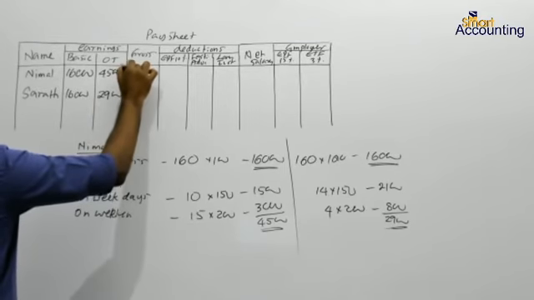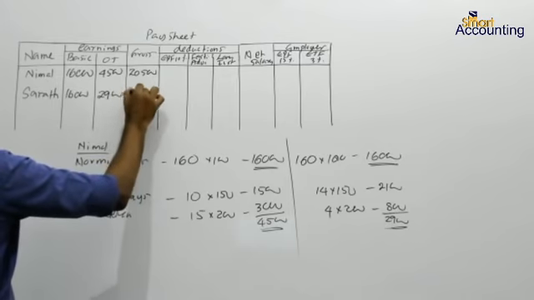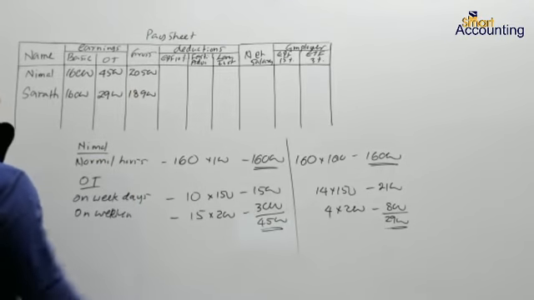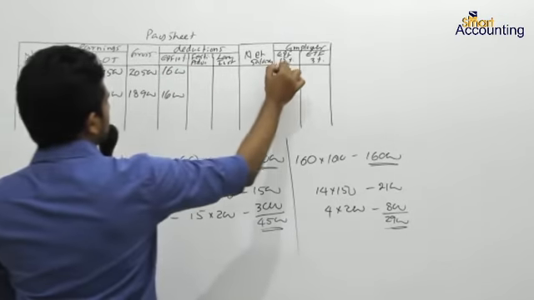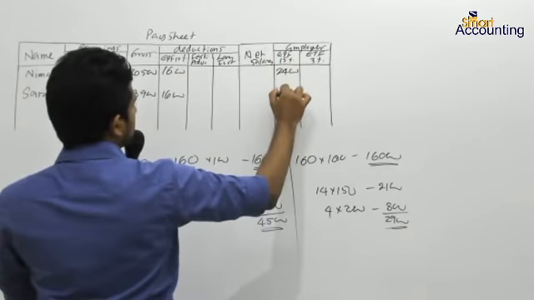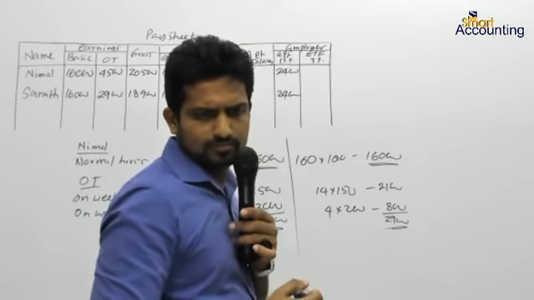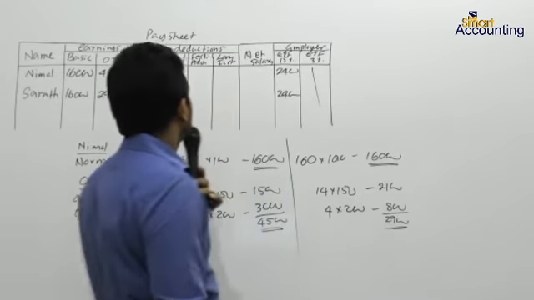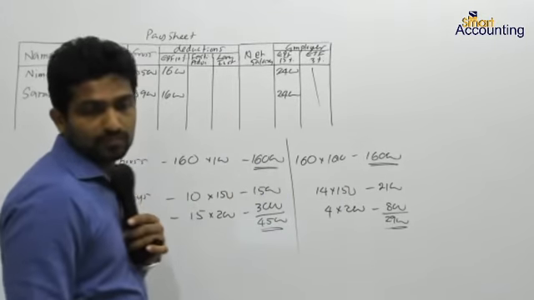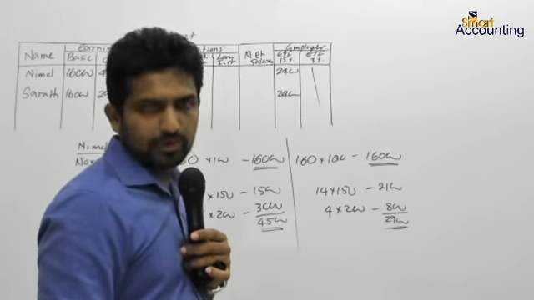So the gross salary is 20,500 here, 18,900 here. EPF 1,600 for both. Here 2,400. No ETF there also. Advances taken by Nimal 5,000.